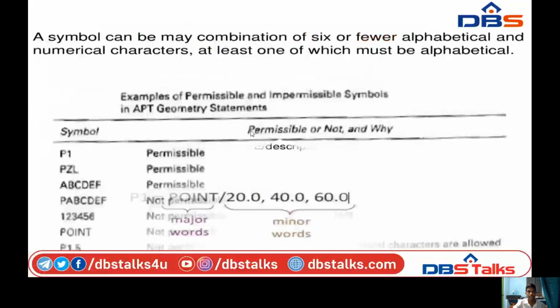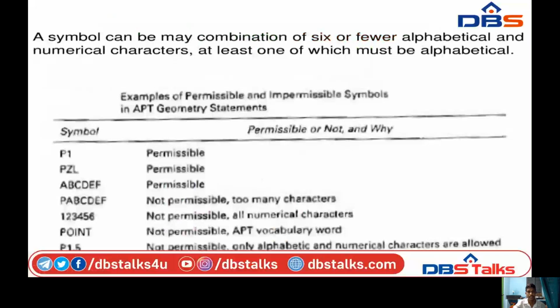A symbol may consist of 6 or fewer alphabetical and numerical characters, at least one of which must be alphabetical. These are some other characteristics of geometry statements. Here I am showing which ones are permissible or not permissible.